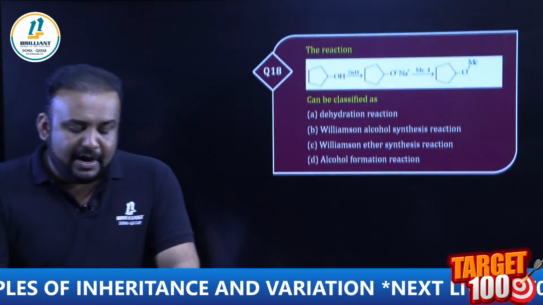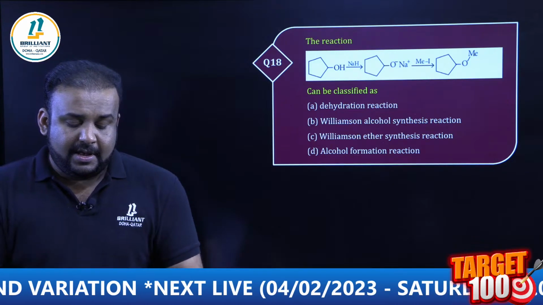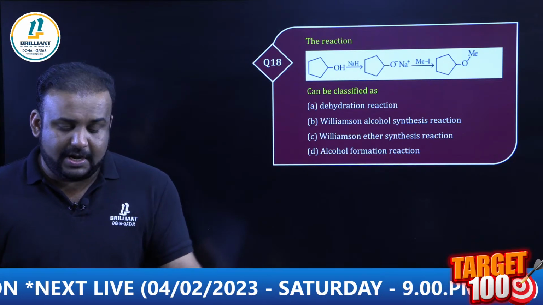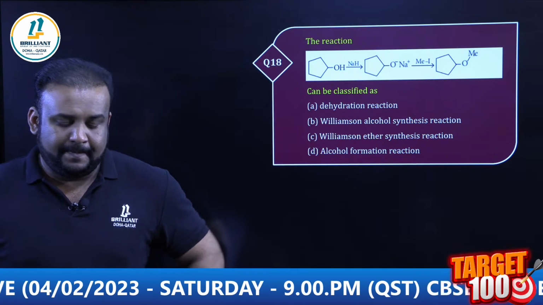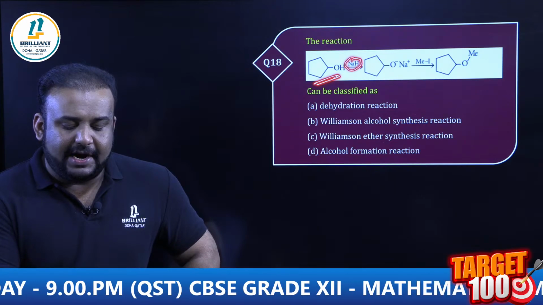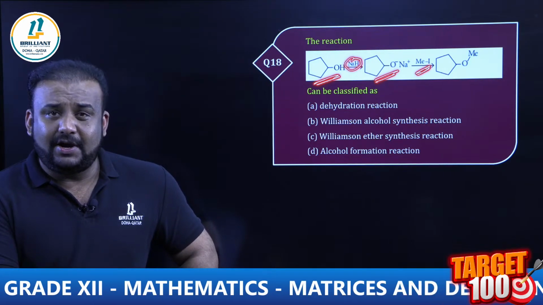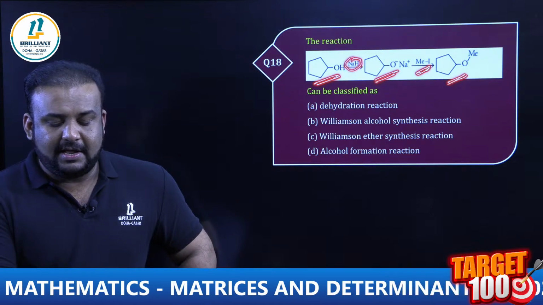Now let's move on to the next question. The reaction can be classified as, okay, quick. It's very easy. You can see that there is an alcohol, it is treated with sodium hydride and you are getting sodium alkoxide, and then it is treated with iodomethane and you are getting an ether.